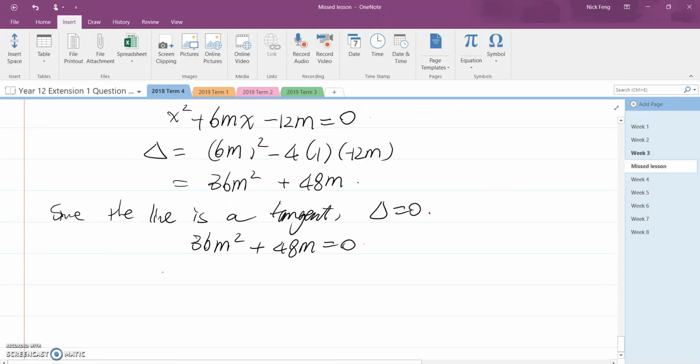Therefore, 36m squared plus 48m equals 0. We take 12m out: 12m times (3m plus 4) equals 0. So m equals 0, or m equals negative 4 on 3.